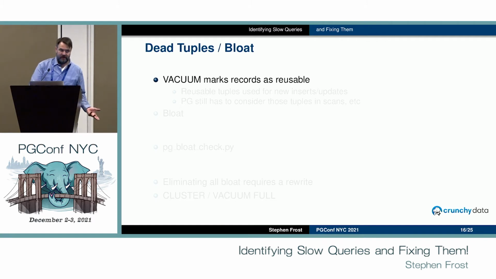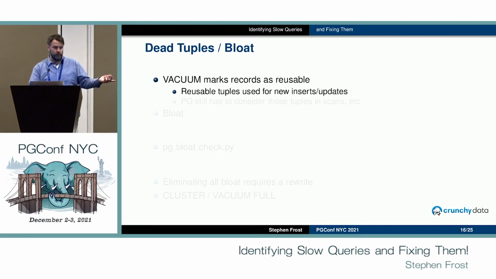So you can have index level bloat, and you can also have heap level bloat. Vacuum is what goes through and marks those records as reusable, right? So reusable tuples, right, are space that we can actually go and put a new record. And you want to do that because you'd much rather reuse that space than have to extend a relation.